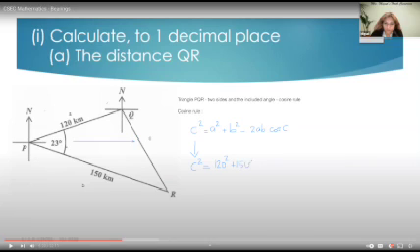So it's 150 squared minus, and I put all of this in brackets, 2 multiplied by 120 multiplied by 150 multiplied by cosine of 23. And I put everything in the calculator and it gives me an answer.